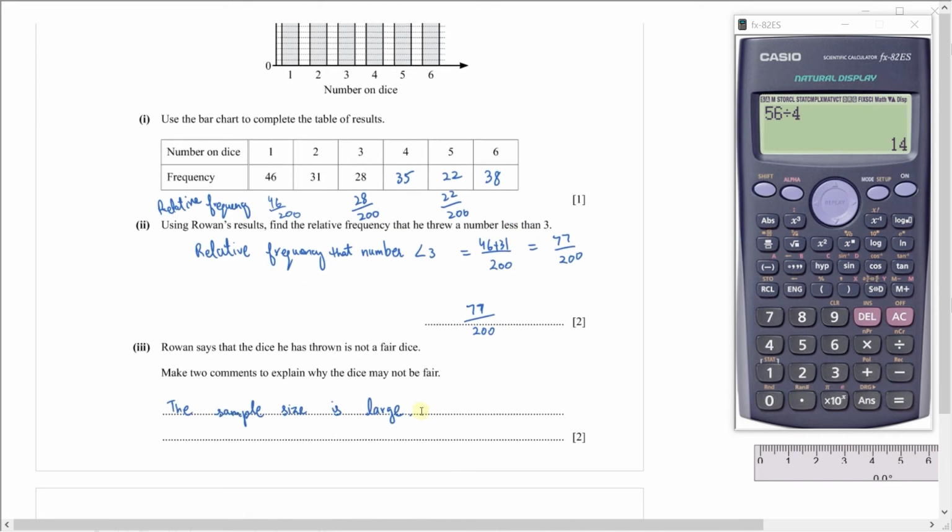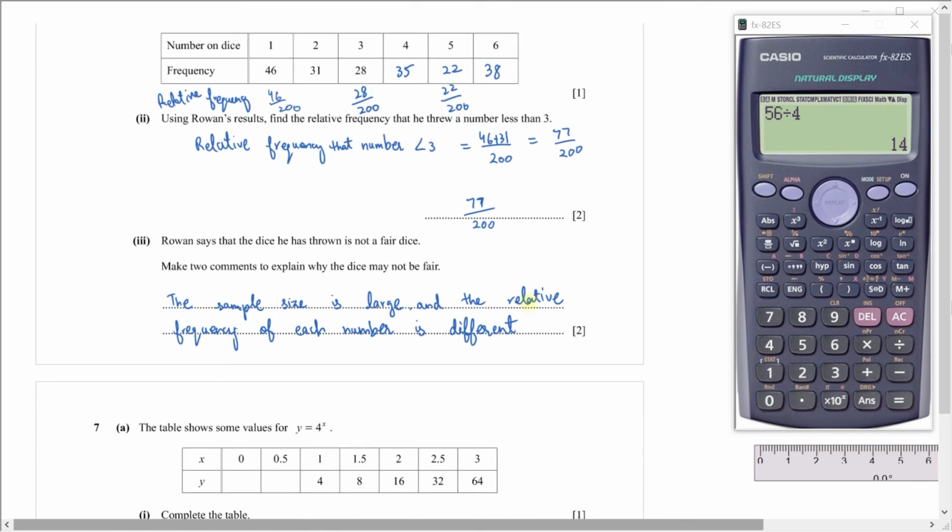So you can say the sample size is large and the relative frequency of each number is different. You can also give an example.